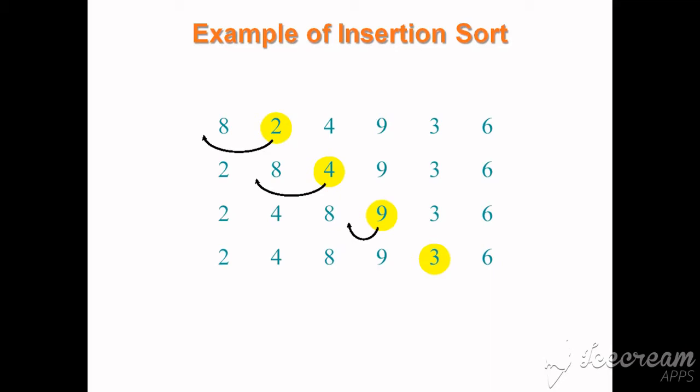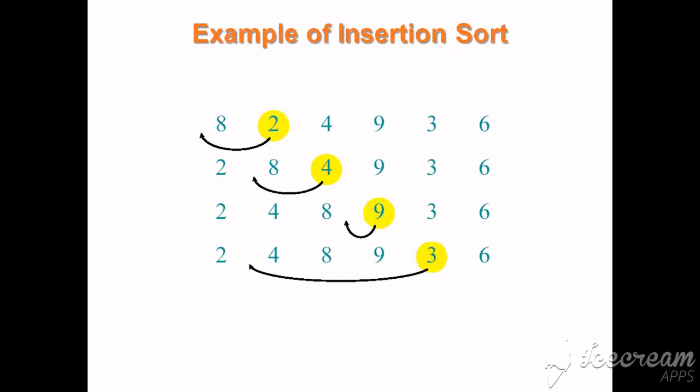Next 8 will be compared to 3 and it is also shifted one place towards the right because it is greater than 3. This procedure goes on until we get a value smaller than 3, and the condition terminates here with the value 2. It is smaller than 3, therefore 3 is inserted at this position.